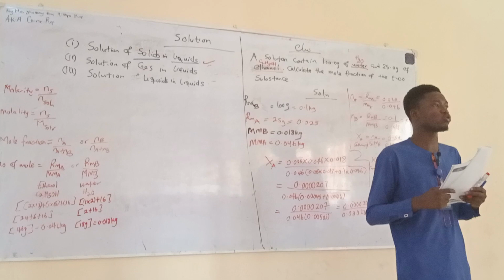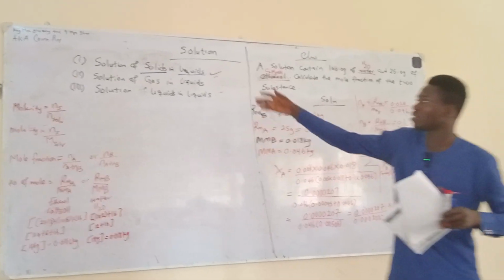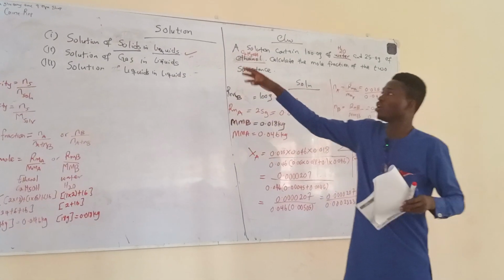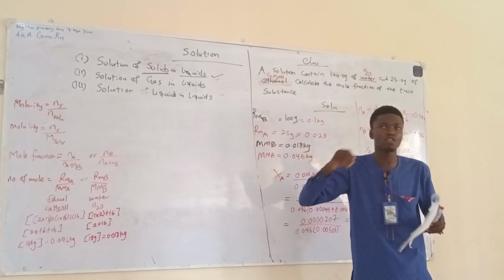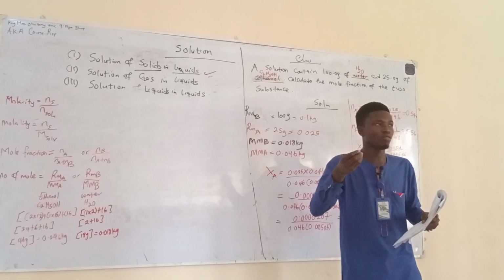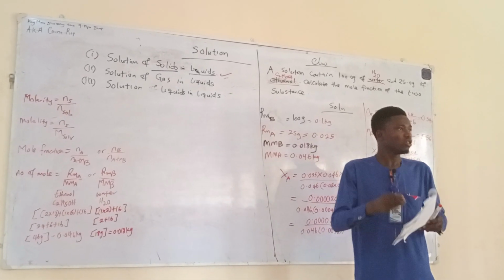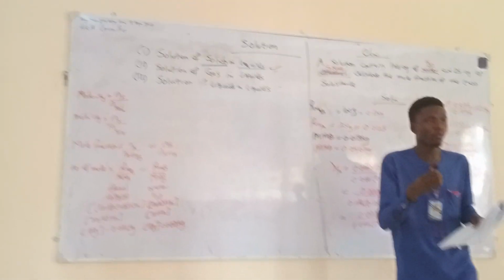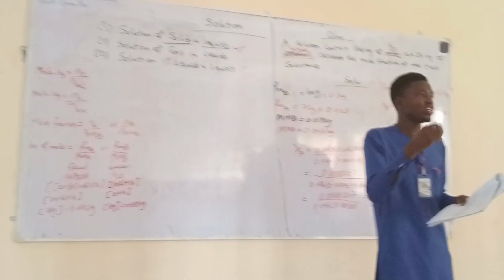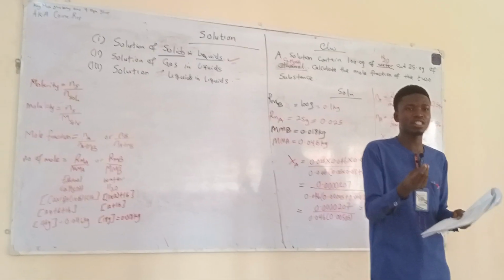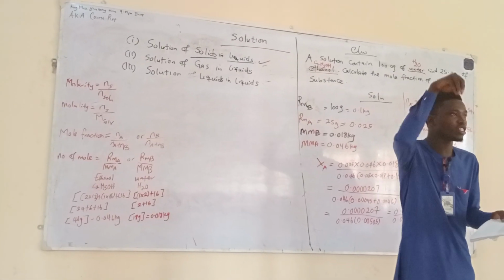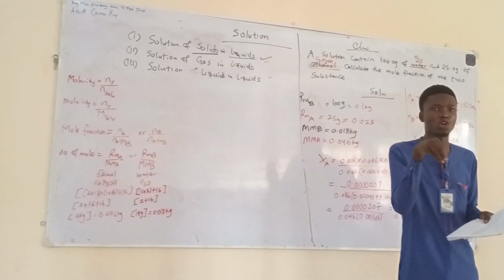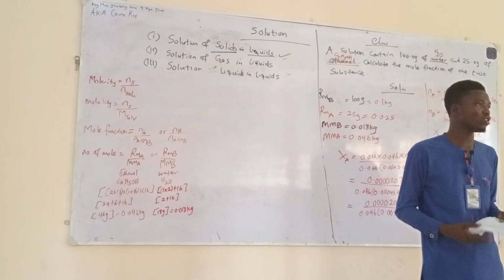So if they say saturated solution, it means in a solid to liquid solution, the solid particles will start dissolving. Just like when you put alum or potash in water, some of them will start to dissolve. How many of you have seen when you put Maggi in soup? If the Maggi is a hard one, some of them will dissolve and some won't. That means your soup is saturated with the solid.